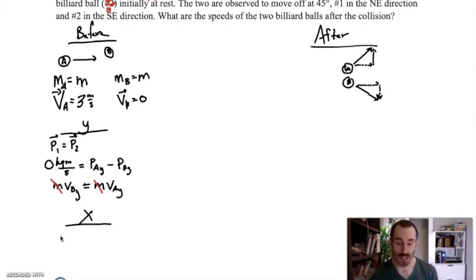Okay, so we're saying the momentum of ball A in the x direction, I'm going to put a 1 in there, not an x, equals the momentum of ball A at the beginning is equal to the momentum of ball A at the end plus the momentum of ball B at the end.